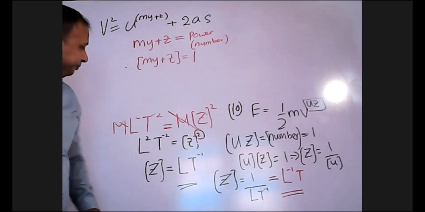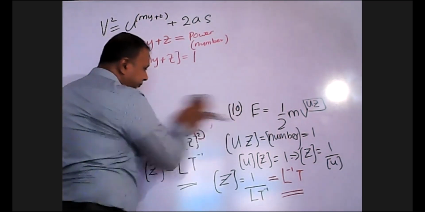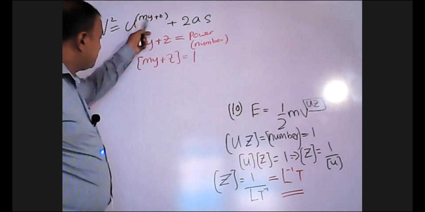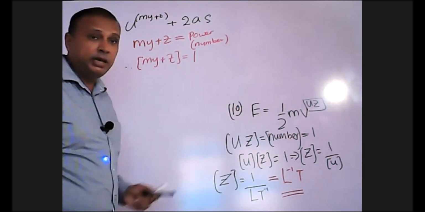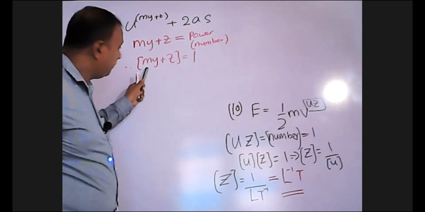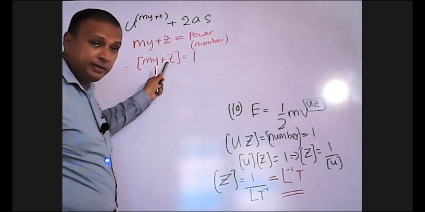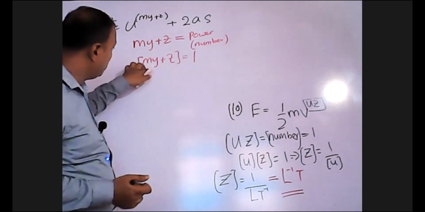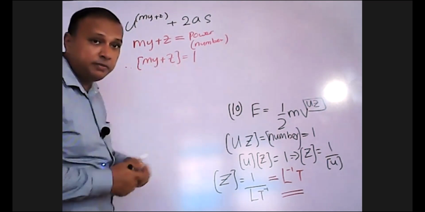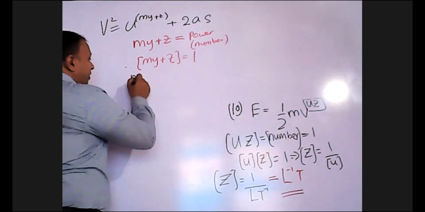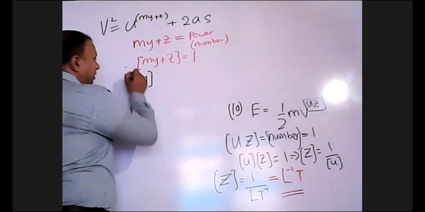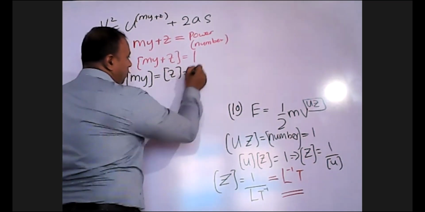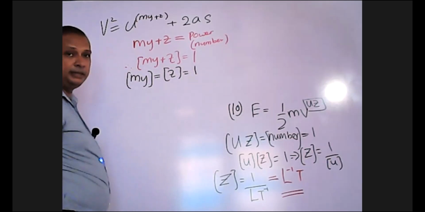So the dimension of this expression is equal to 1. That means the dimension of this one and of this one should be 1 too, because this is a number. So this part should also be a number. So m y equals z equals 1.